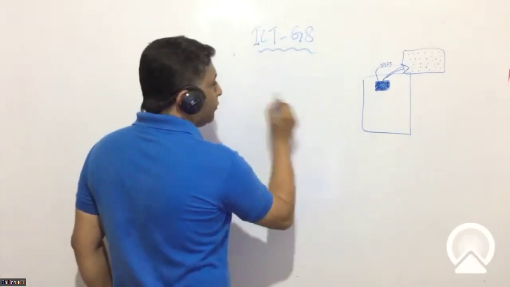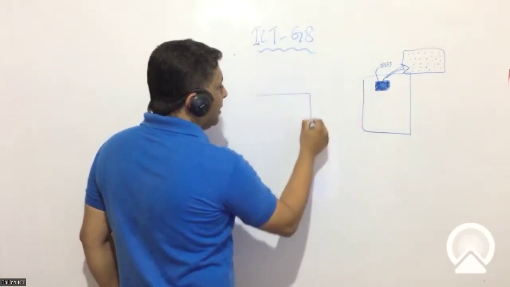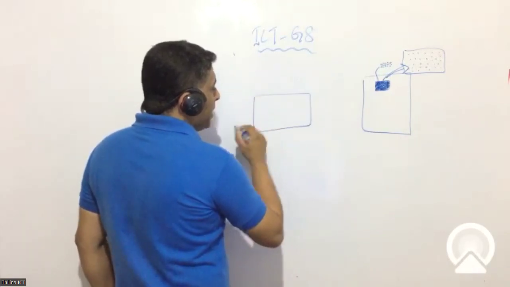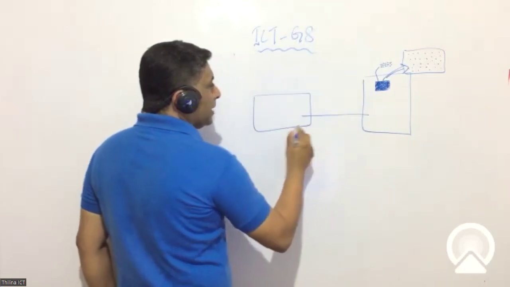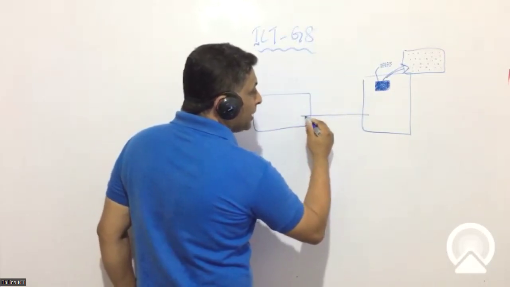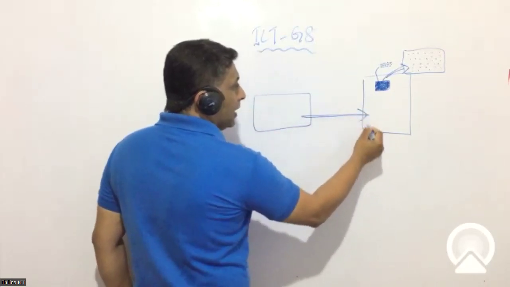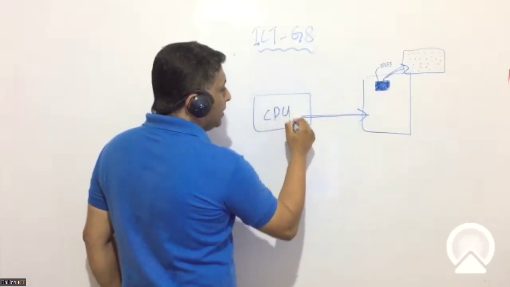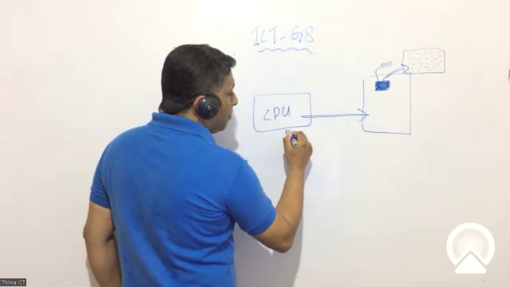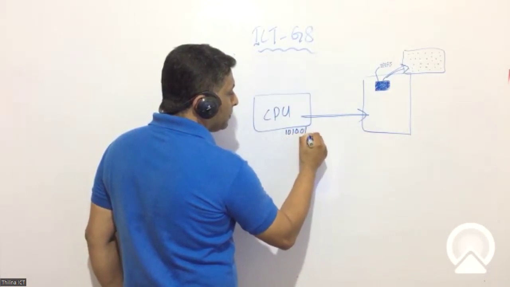If I want to print this, the computer sends the printing signal to the printer. So the CPU sends the signal in the form of ones and zeros.